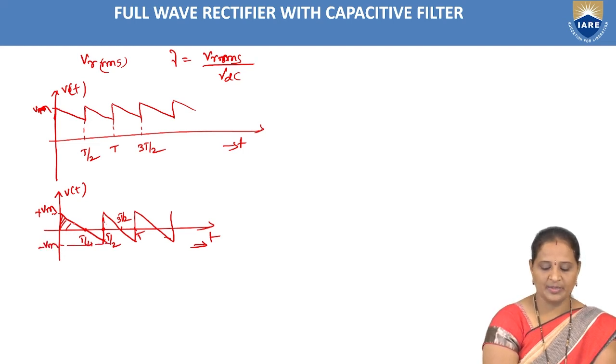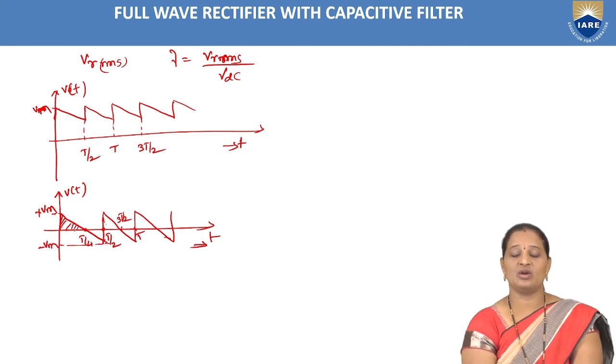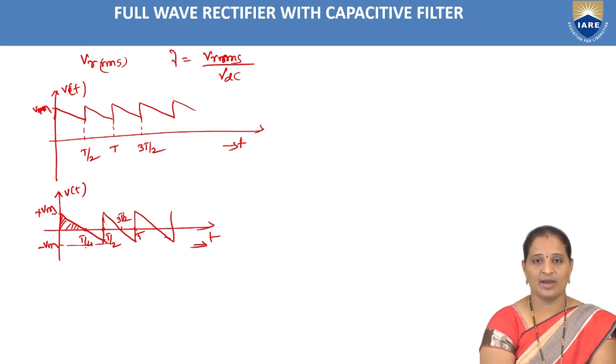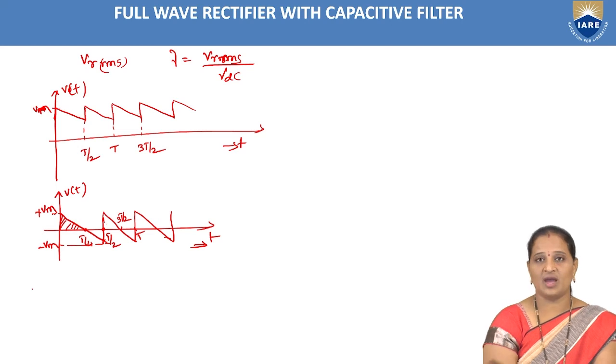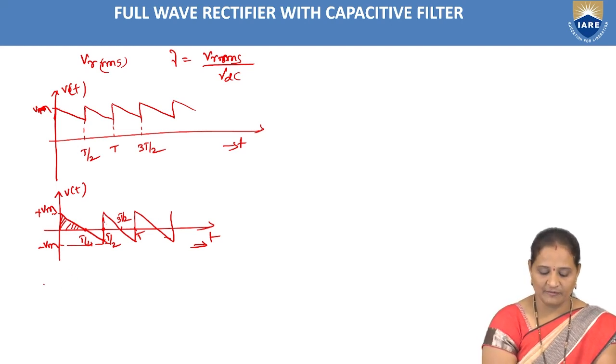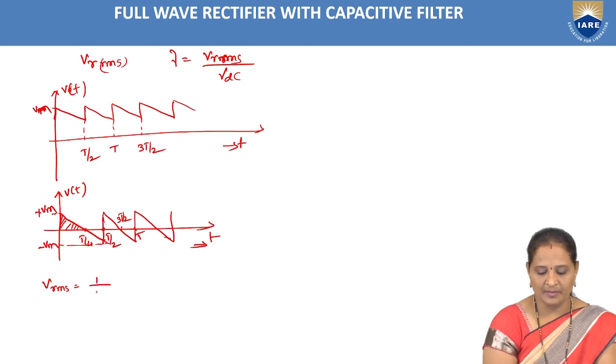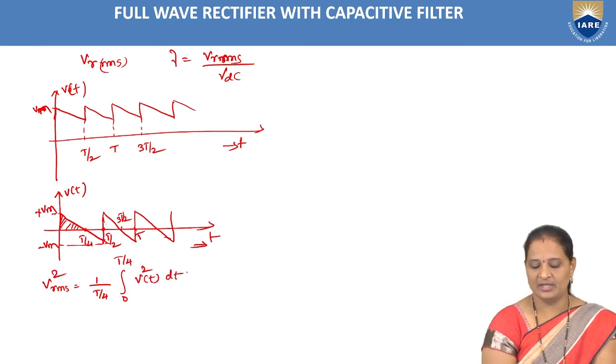This is minus Vm. This waveform is symmetrical about T by 4. So if you calculate the RMS value about T by 4, that will give you the RMS value of the entire waveform. So Vrms is equal to the square root of 1 by T by 4 times the integral from 0 to T by 4 of V square of t dt.